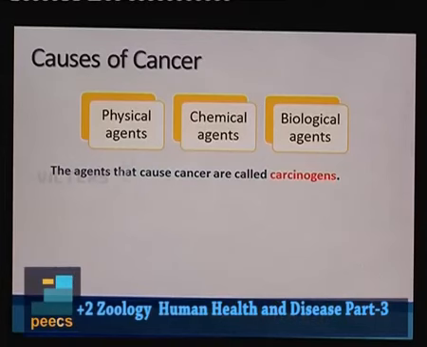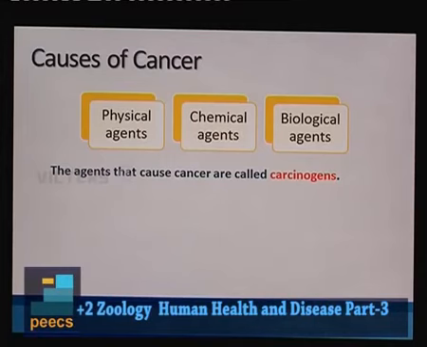Some chemicals are also causing cancers. For example, in the case of tobacco smoke, there are some chemicals which are carcinogenic or that are considered to be causing cancer. Then biological agents are also there. Because in the case of some viruses, we say they are carrying specialized genes called oncogenes, and these oncogenes can cause cancer.